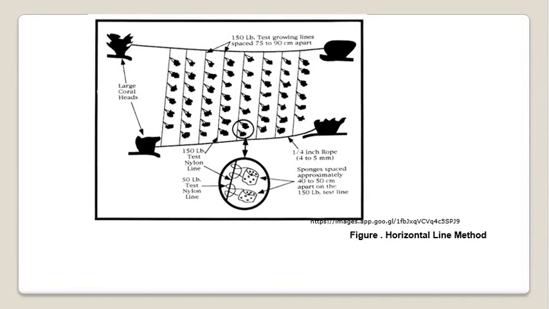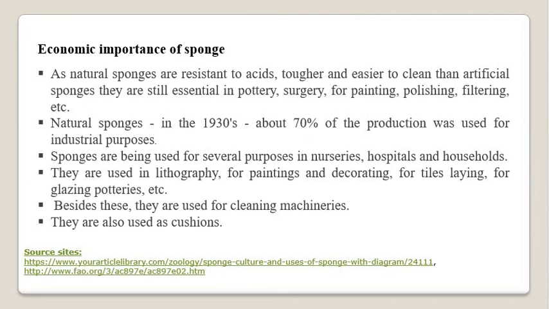Now let's see why the sponges are cultured and for what purpose they are collected, right? Commercially, how they are economically important to us. So, the economic importance of sponges. Natural sponges are resistant to acids.